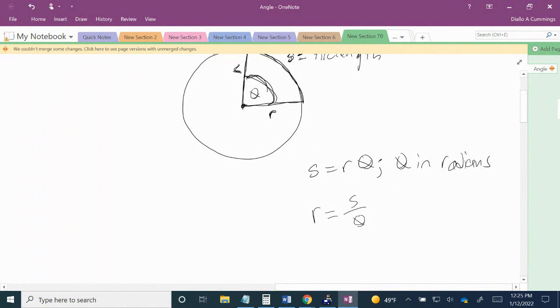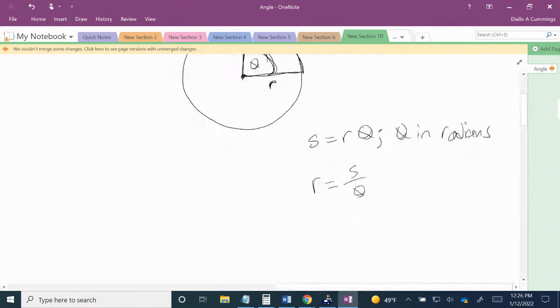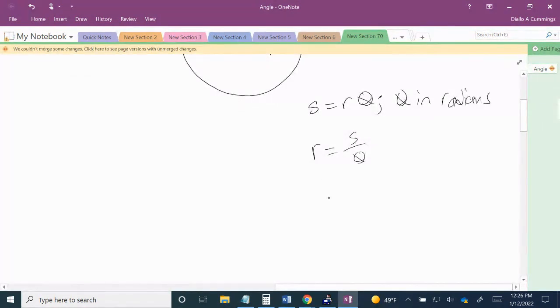So if you're given the arc length and the central angle measure in radians, you can find the radius. We can also derive that theta is equal to S divided by R. So if you're trying to find the measure of the central angle, you can simply divide the arc length by the radius.